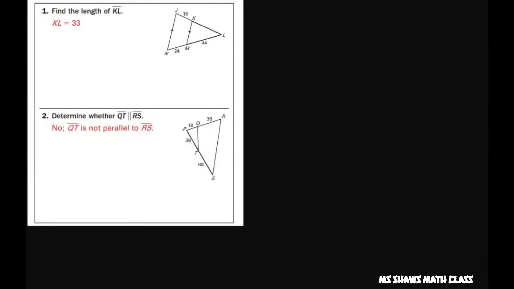And let's find the length of KL. So they have parallel lines, so I can set up my proportionality theorem with the parallel lines and say X divided by 18 equals, and then just move across here, 44 divided by 24.